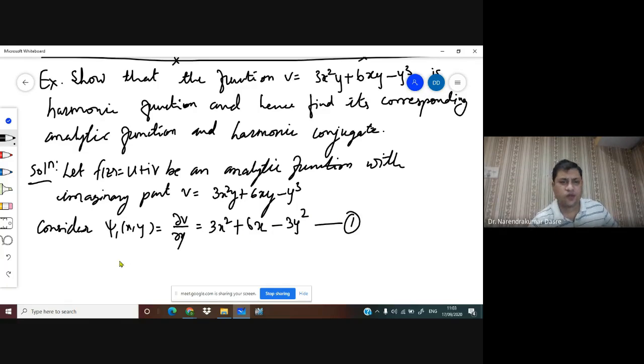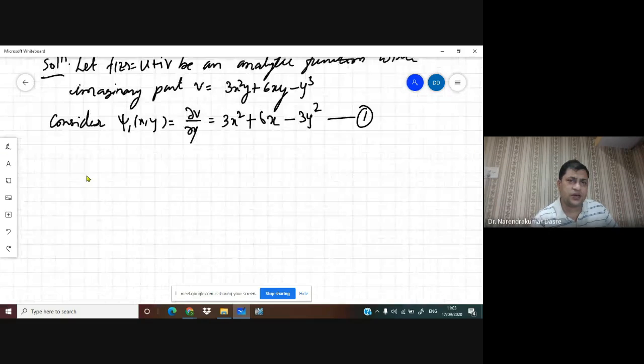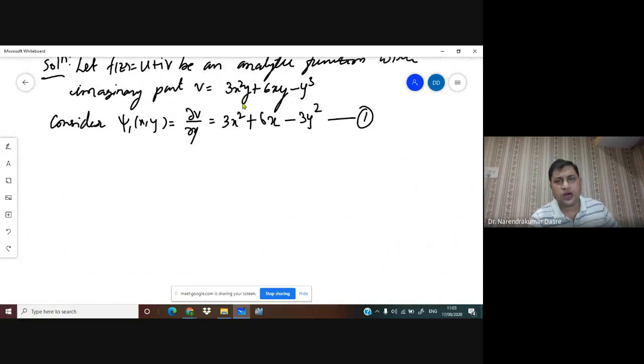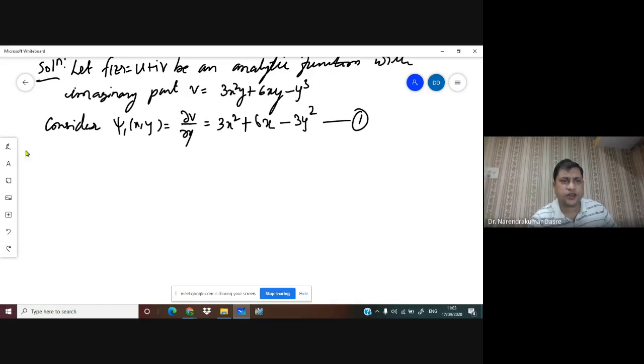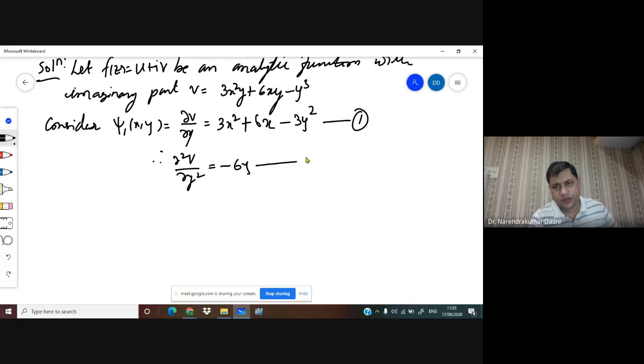Let this be equation 1. We have to prove that this is a harmonic function. So we want the second order derivative, and hence we have ∂²v/∂y² = −6y. So this is equation 2.